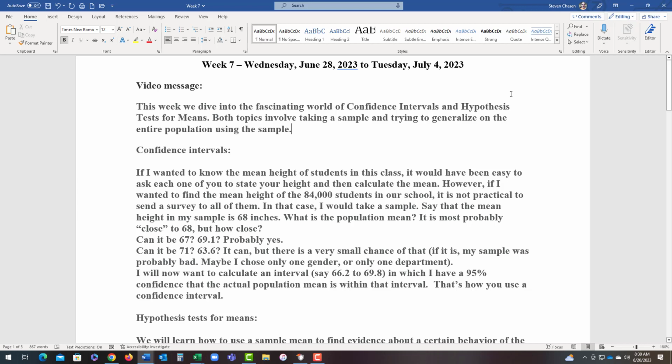And hypothesis for the means is now where we're going to start looking into two or more groups, where we introduce one group to some type of treatment, which is called an independent variable, and the other group gets no treatment, which would then be the control group. So you've got an experimental group with the independent variable, and you've got the control group with no treatment at all.